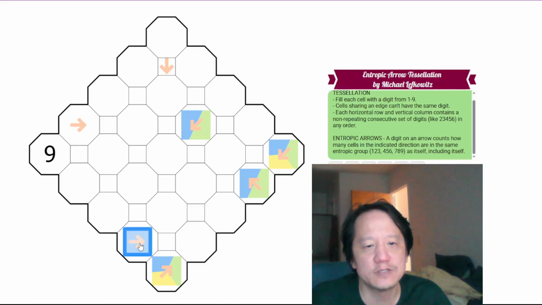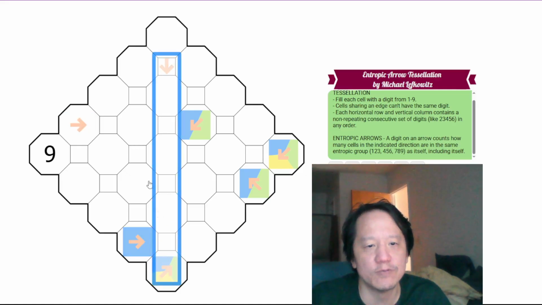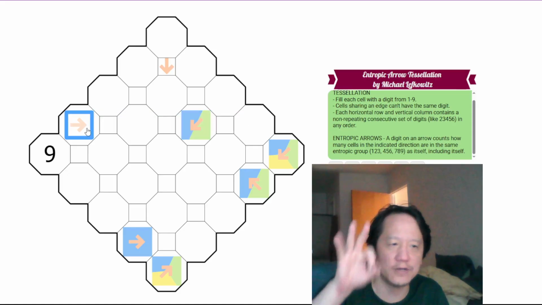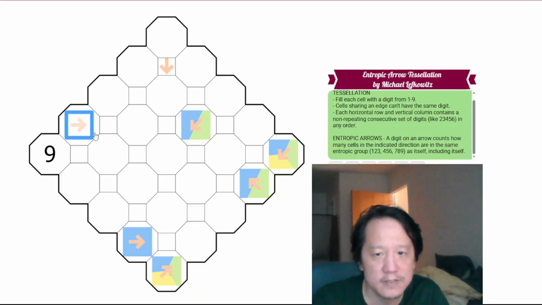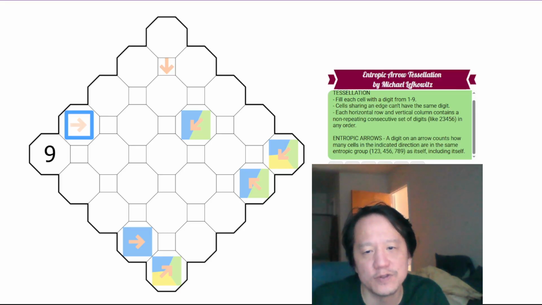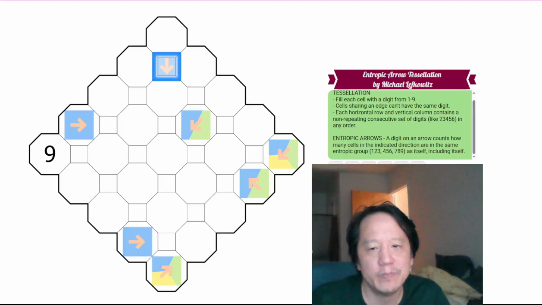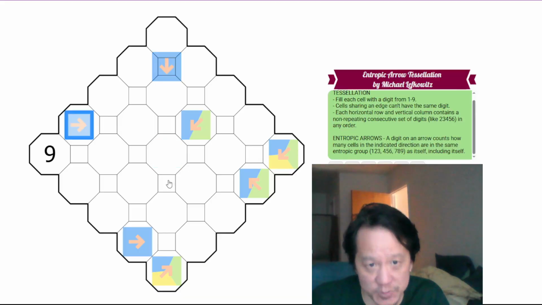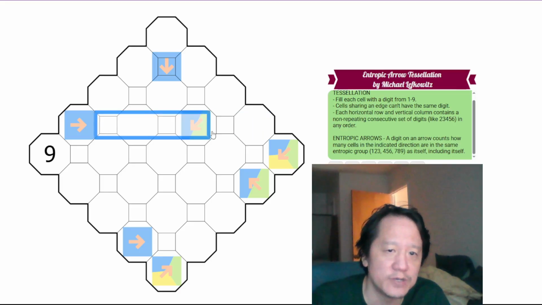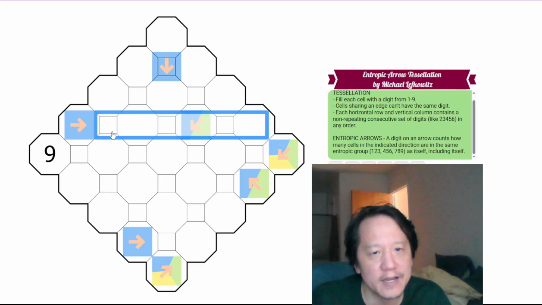And any column and row can only have 3 at most of the same entropic set. So this can't be 1. First of all, these are low, but this can't be 1, because if it's 1, you have to have 2 and 3 also somewhere on this line.